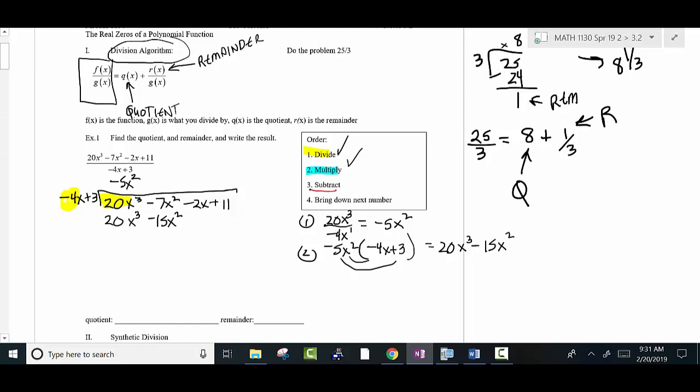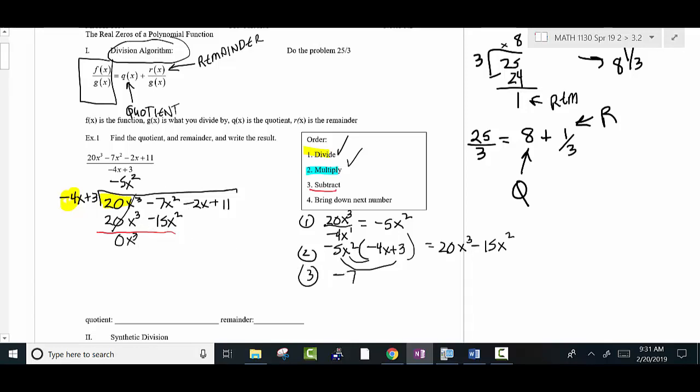Now you do the subtraction step, and you can do the subtraction in your head. So what you're doing is 20 minus 20, that cancels. You don't have to write 0x to the third. But by the way, that always will. If that column isn't canceling, then you've already messed up on the problem. That will always cancel if you did the previous step right. Now this one goes like this. Be careful right here.